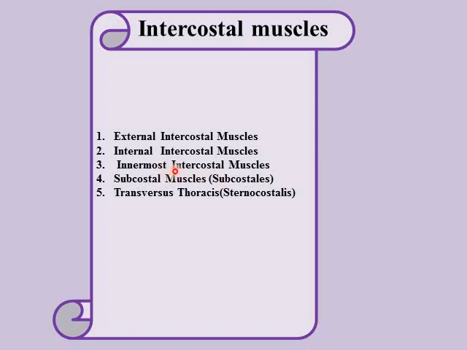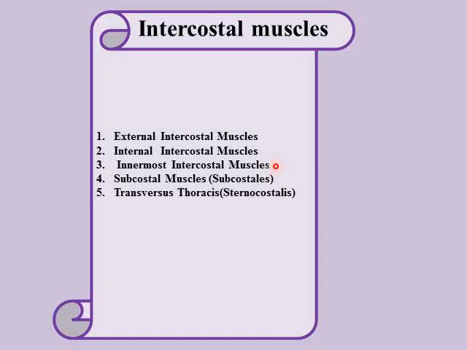At the middle part, or the lateral part, of the thoracic wall, the third layer is called innermost intercostal. Again, 3 layers: outer layer external intercostal, middle layer internal intercostal, and third layer. The third layer is not one sheet.